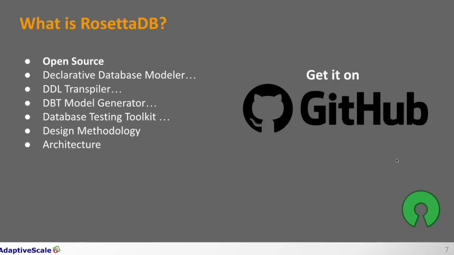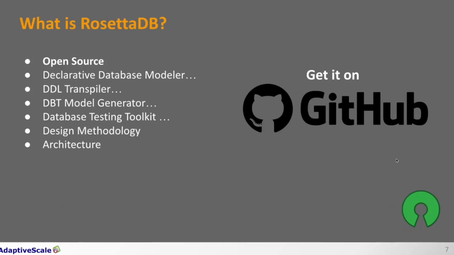What is RosettaDB? RosettaDB is a declarative database modeler. It allows you to model your database objects using a declarative language. We will use YAML, and we'll present the database objects in YAML format. RosettaDB acts as a DDL transpiler that allows you to migrate from one database to another and translate the schema and all these data objects from one database to another.